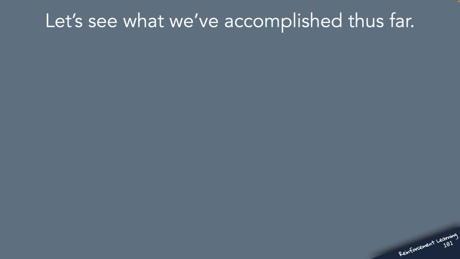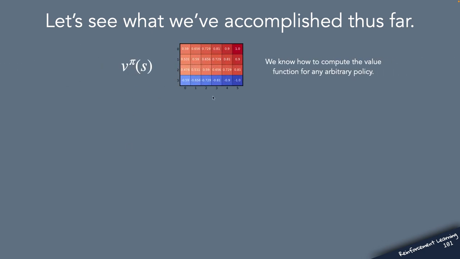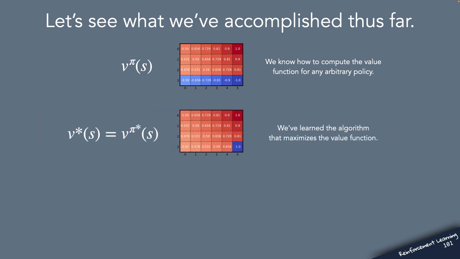And before we go any further, let's pause for a moment and see what we've accomplished thus far. In the previous video, we learned the value function, v pi, for an arbitrary policy that was imposed by us. In this video, we've now learned the algorithm that lets us compute the optimal value function, v star, without us having to impose the policy. And we know that the optimal value function is present when the agent executes the optimal actions, so it has to be associated with the optimal policy, pi star.